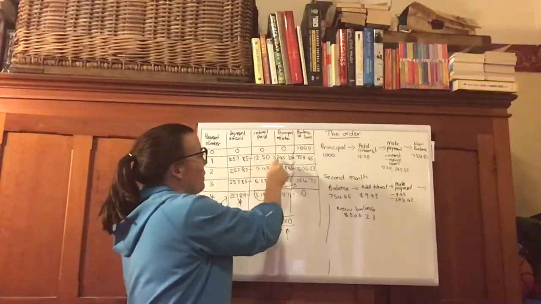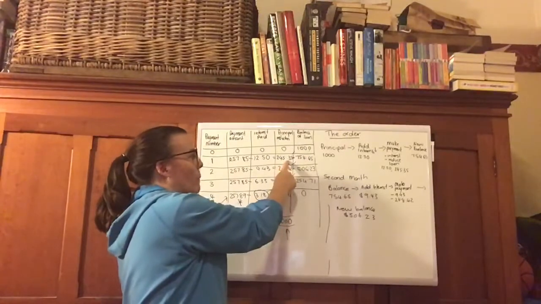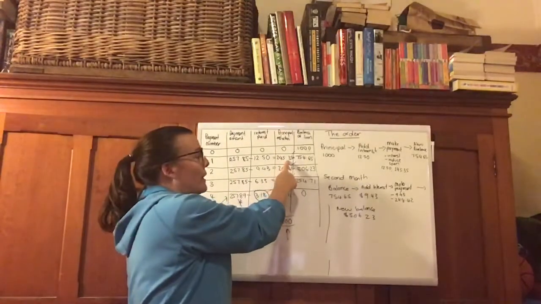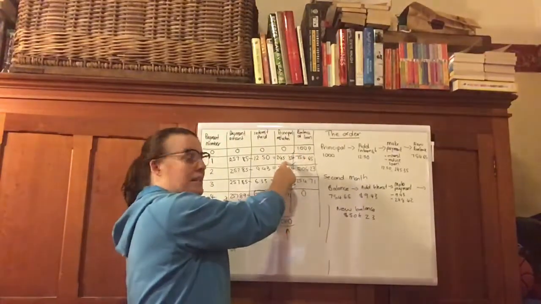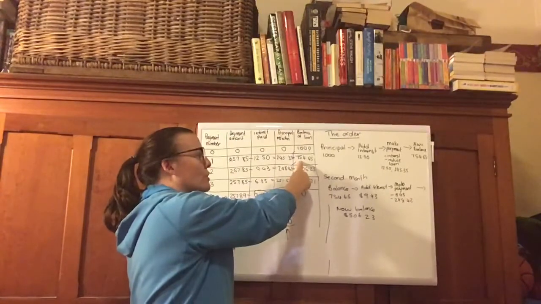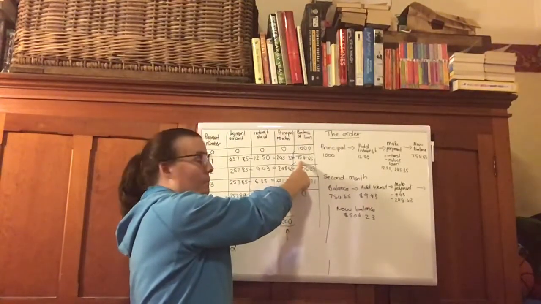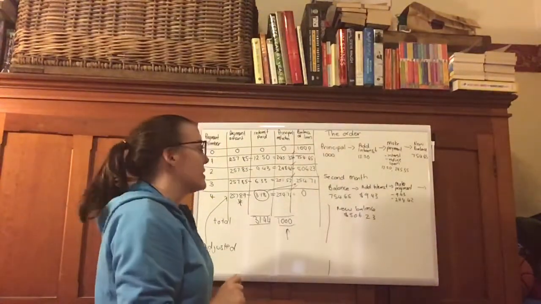So that, take away that, gives us $245.35. So the new balance is going to be this number here minus this number, which will equal $754.65. Okay? That's how we fill it out. That's the maths that's involved.